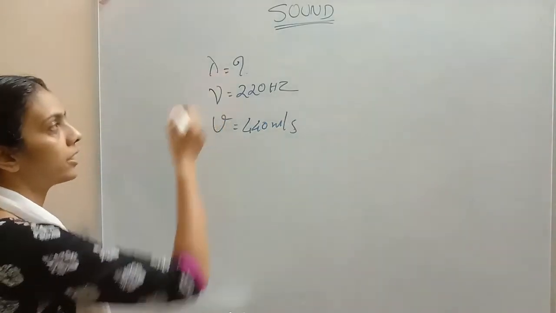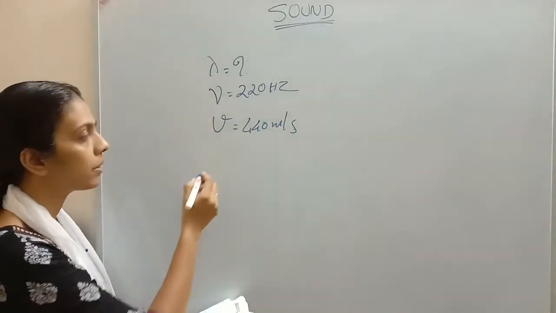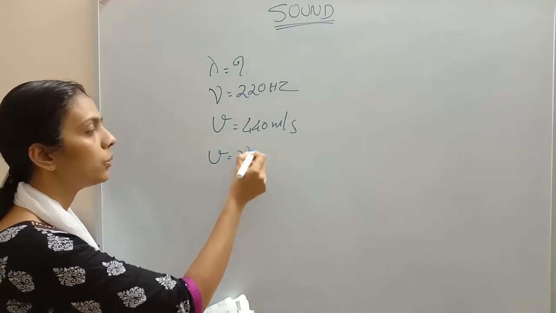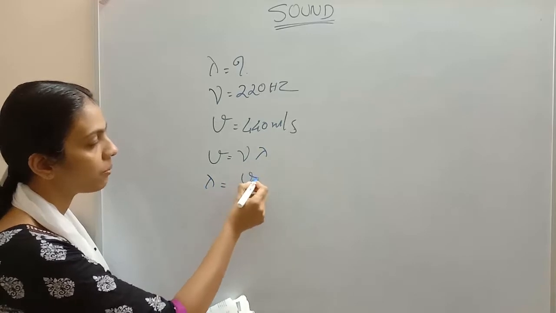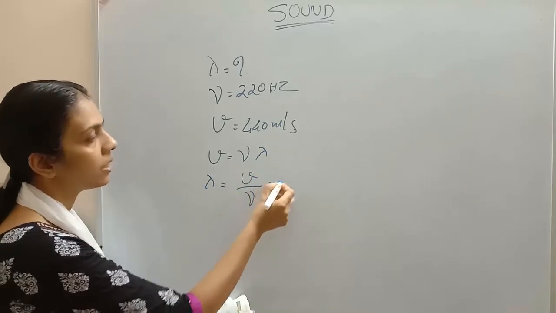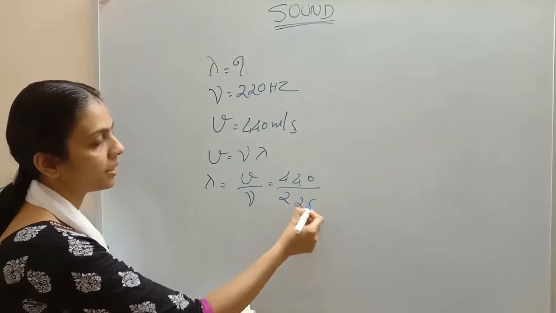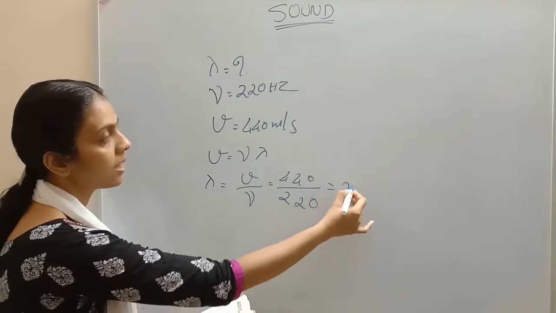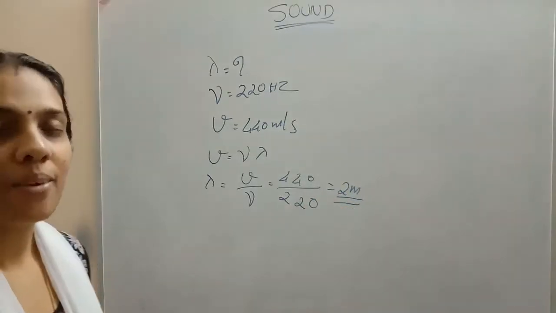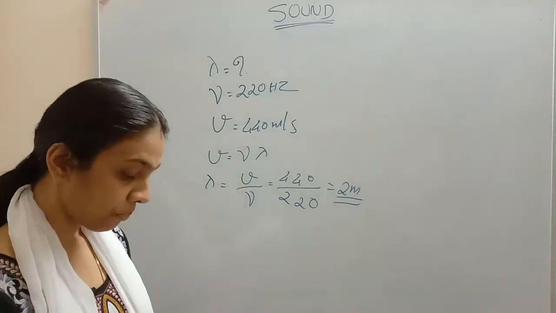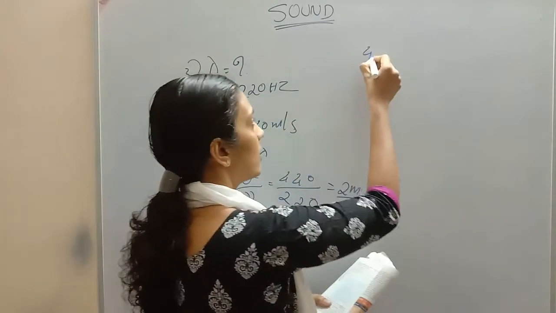What is the relation connecting v, nu and lambda? v equals nu lambda, so lambda equals v by nu. That is 440 divided by 220, so we will get 2 meters. This is the wavelength of the wave. Then next is the fourth one.